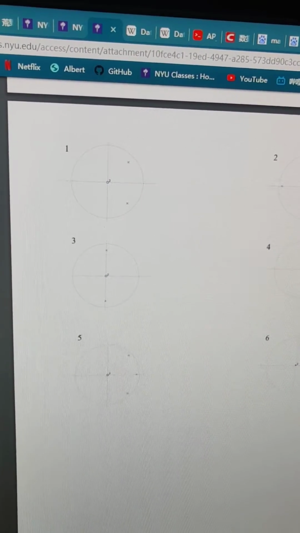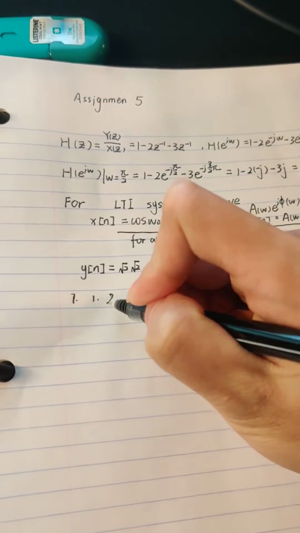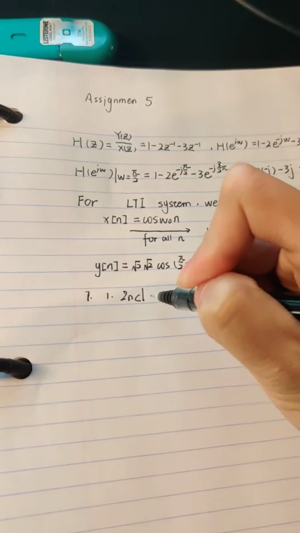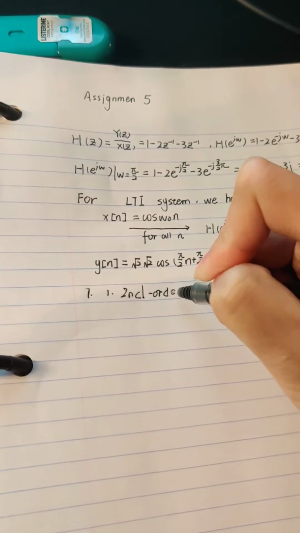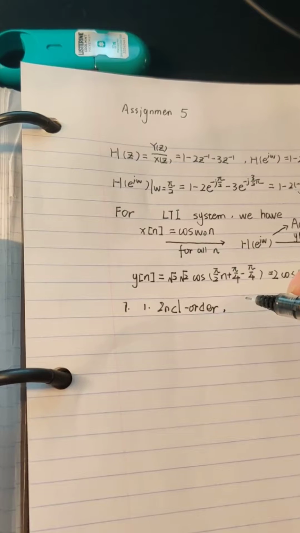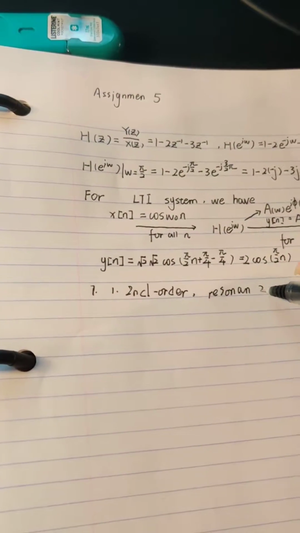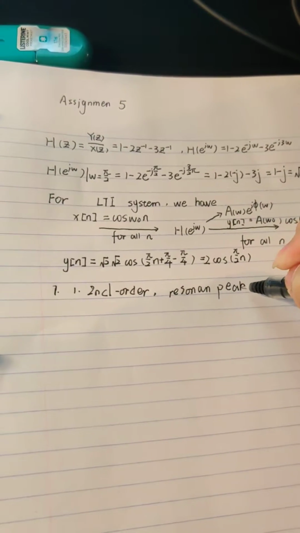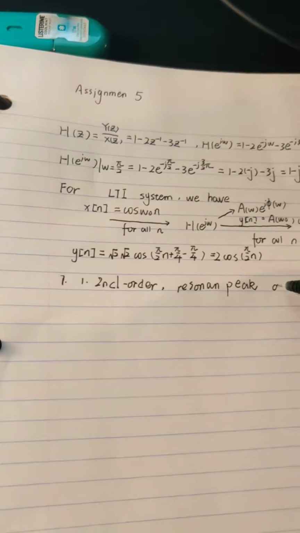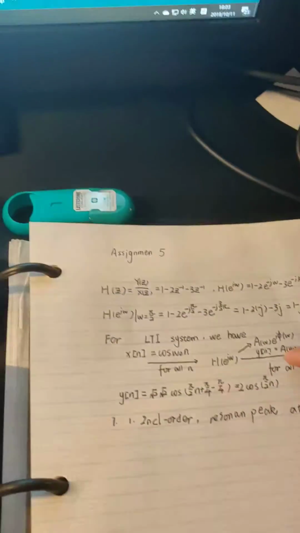pole zero diagram. And from the diagram you can easily find that this is a second order equation, and the resonant peak will be at about pi fourth.